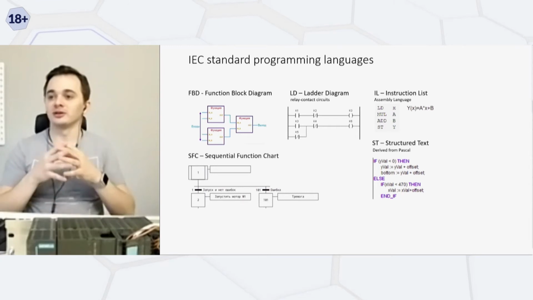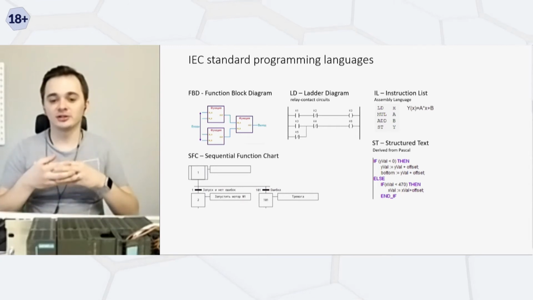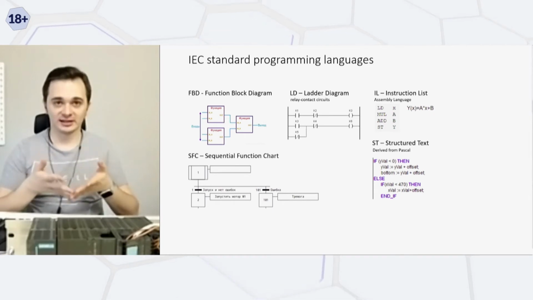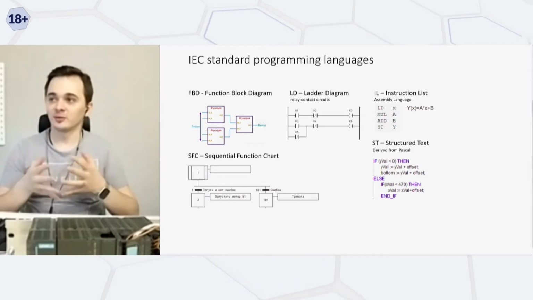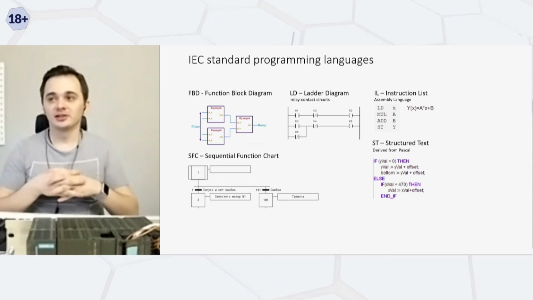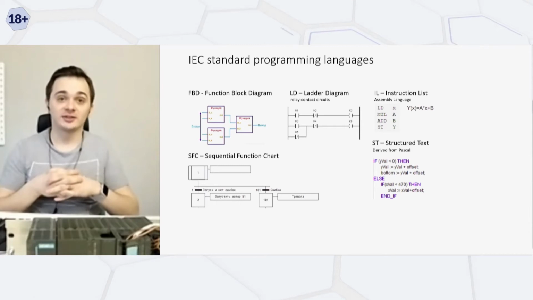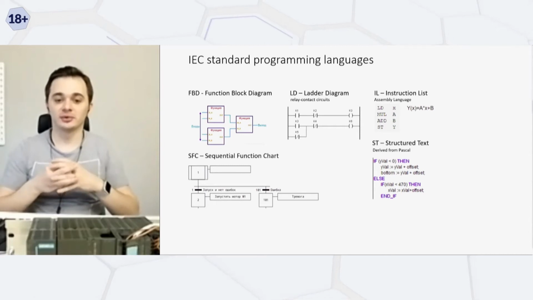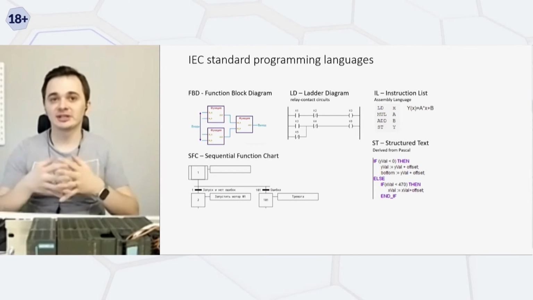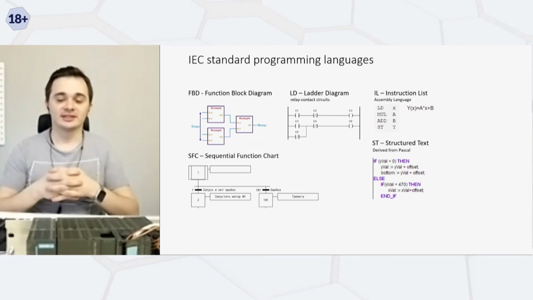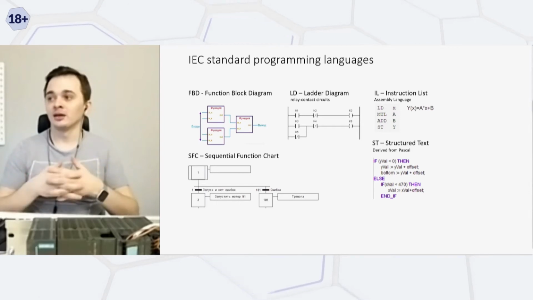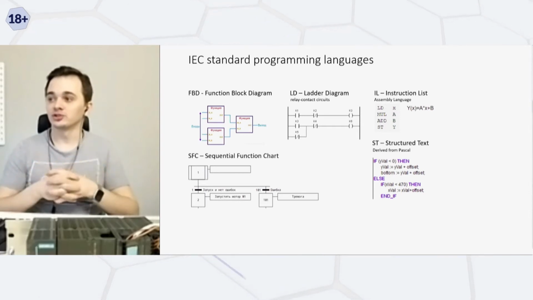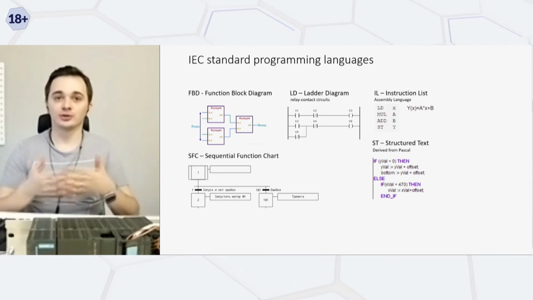Let me say that those languages are structured in a way so as to satisfy any demand. LD, ladder diagram, looks like an electric schematic, and maybe an engineer who is already familiar with those schematic documents would find this language easier to program on.